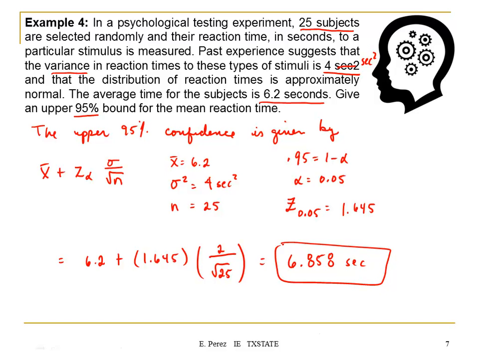If you don't have that information, then I'm going to show you some other techniques to construct confidence intervals. But for now, we are assuming that we know the standard deviation or the variance of the population. The other difficulty is how to find these values from the table. You need to be sure that you're finding the right number from the table. And the last thing is how to interpret the bound or the confidence interval.